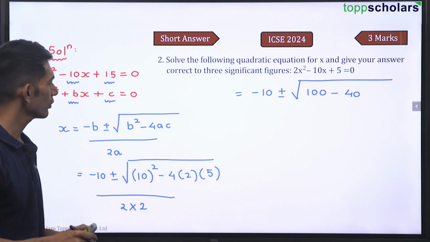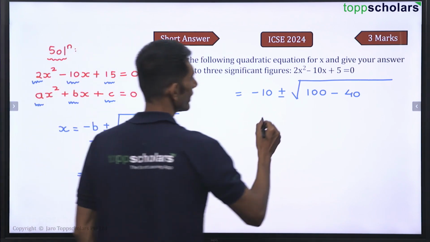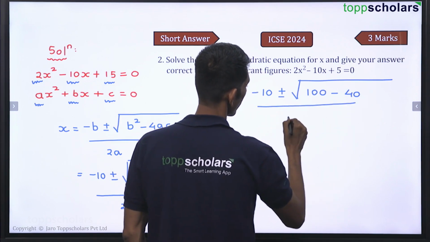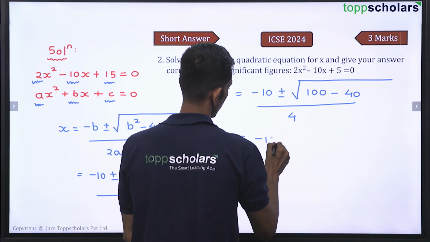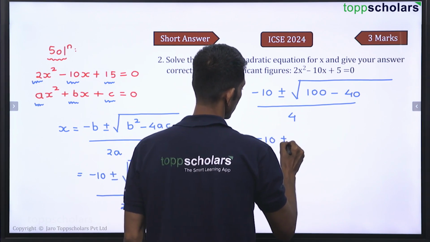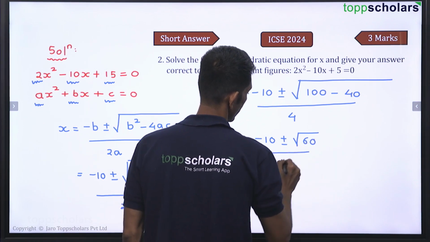Okay, so 10 square minus 4 into 2 into 5, that is 40, divided by 4. So that gives you minus 10 plus or minus root 60 divided by 4.